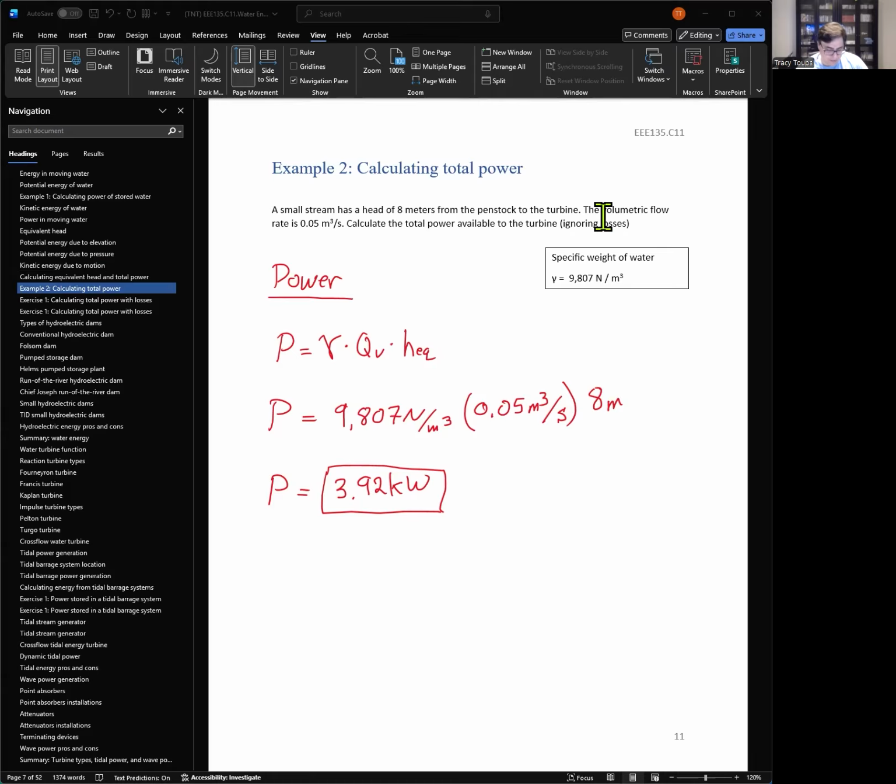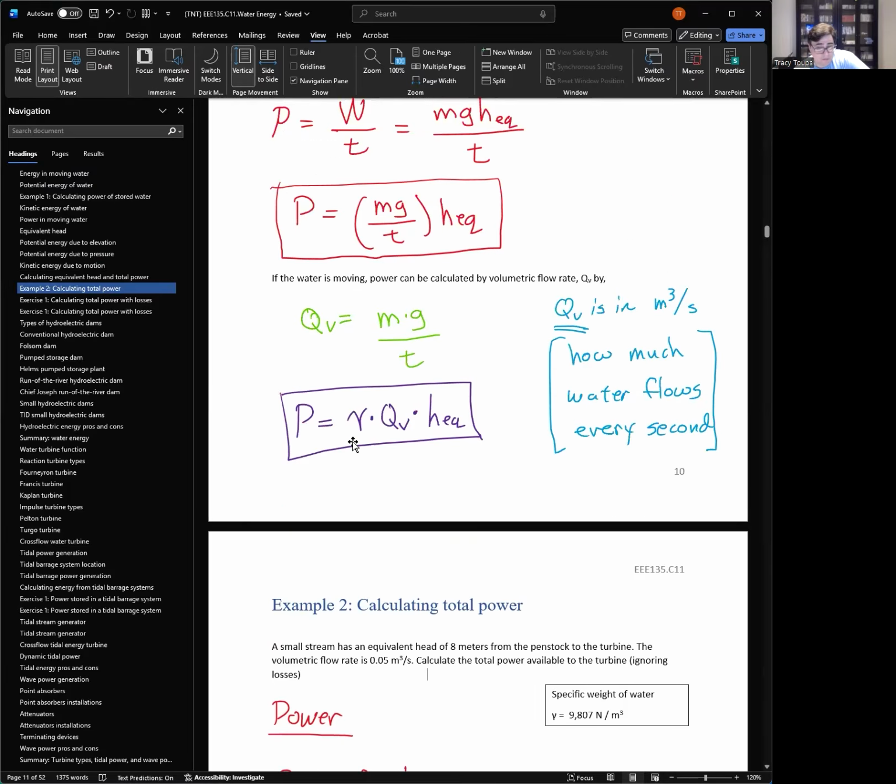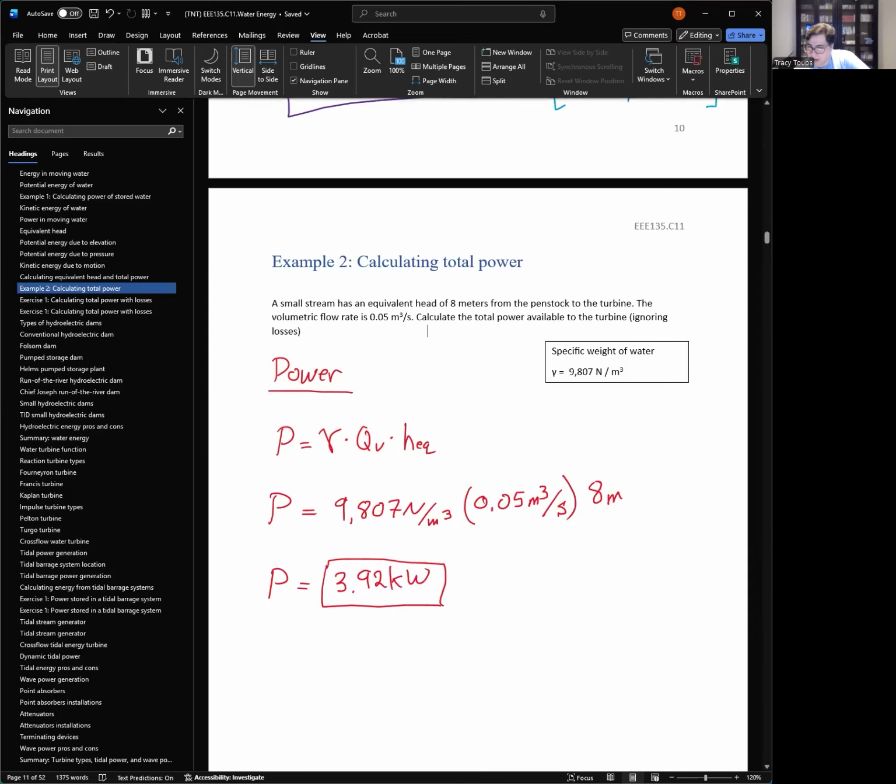So here, power is always going to be equal to, sorry, the specific weight of water. I think previously I said the density is specific weight of water. My apologies. Okay. Times your volumetric flow rate times your equivalent head. So specific weight of water is 9,807 newtons per meters cubed. The flow rate is 0.05 meters cubed per second.